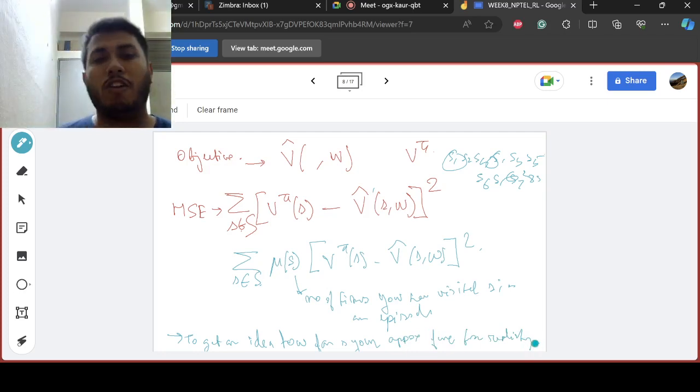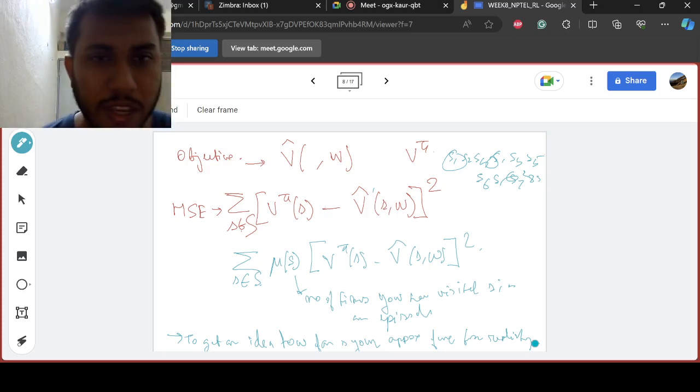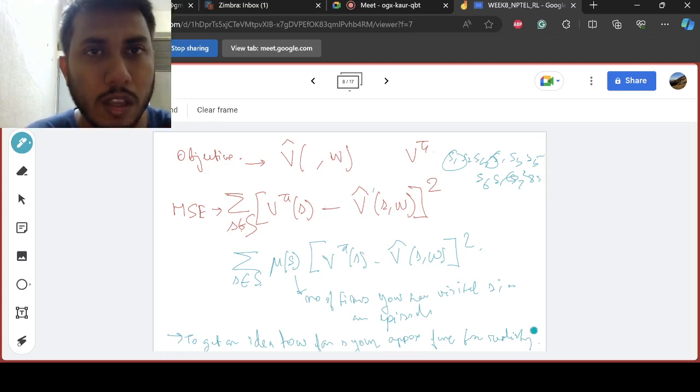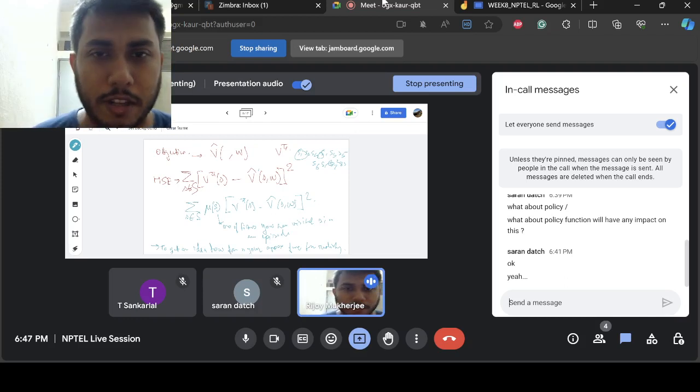So this MSE generally gives you an idea how far is your approximation v hat from your data set.